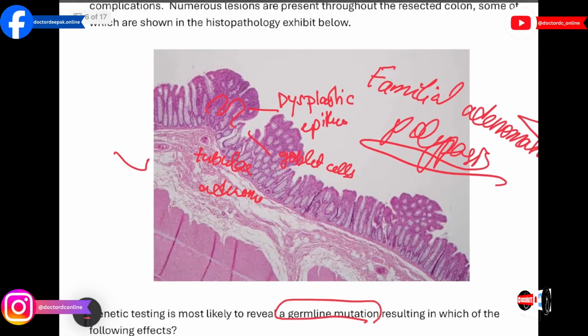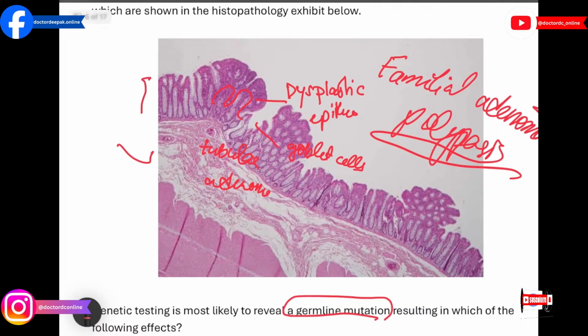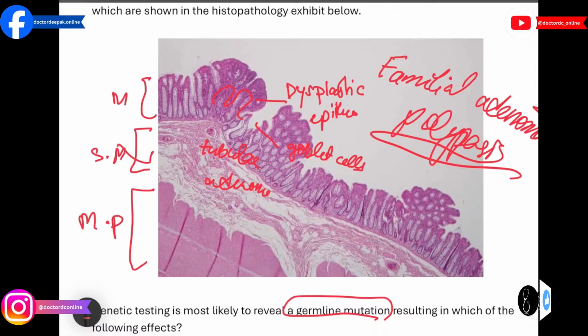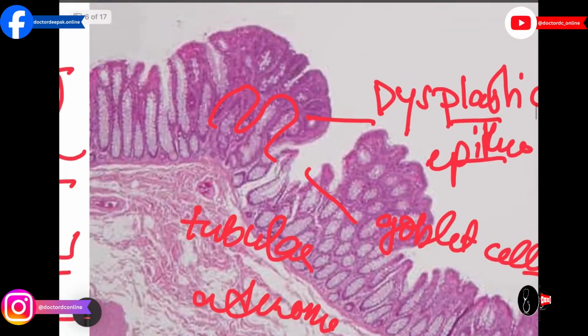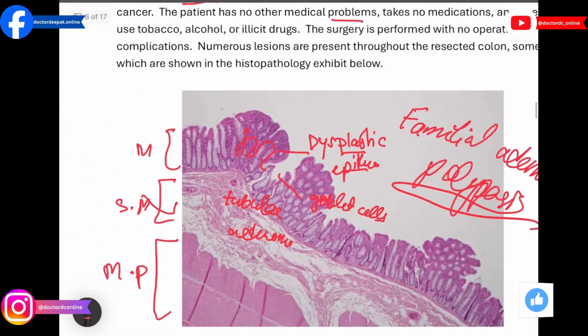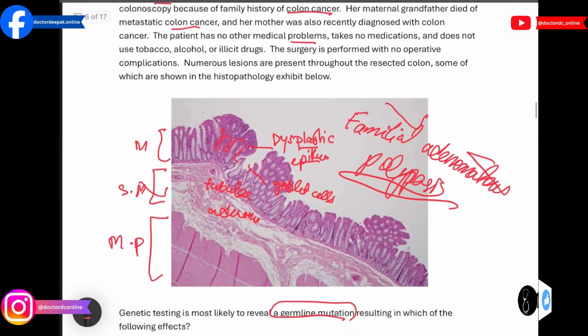If we segregate this slide, this is the mucosa, and this is the muscularis propria. The dysplastic epithelium is elongated, dark, and crowded with nuclei, and these give a clear diagnosis of familial adenomatous polyposis.